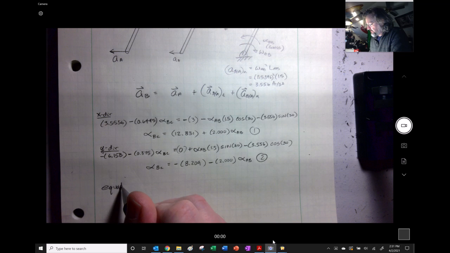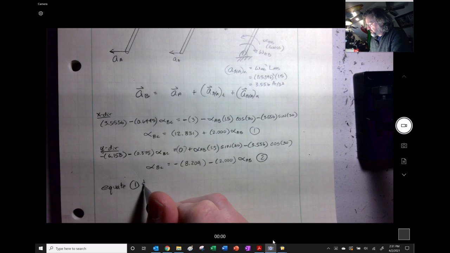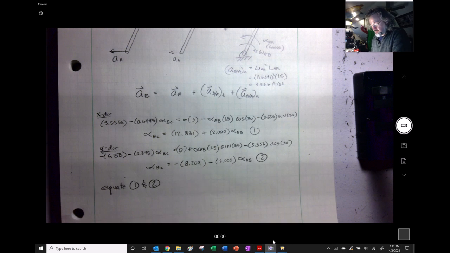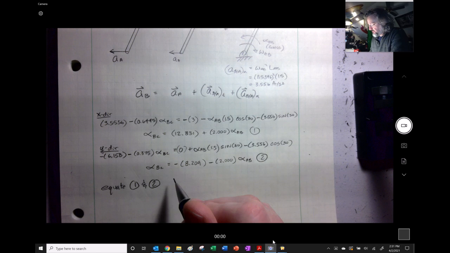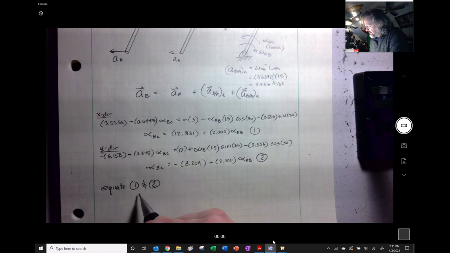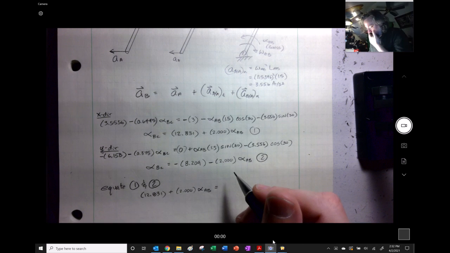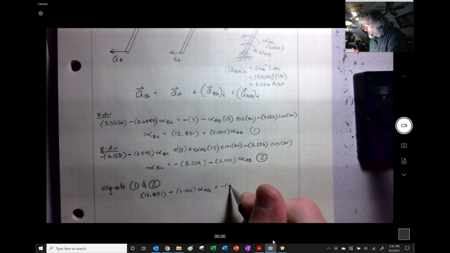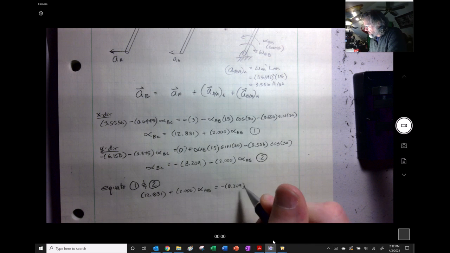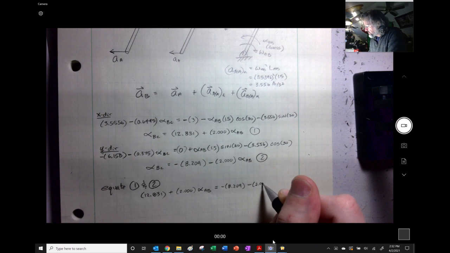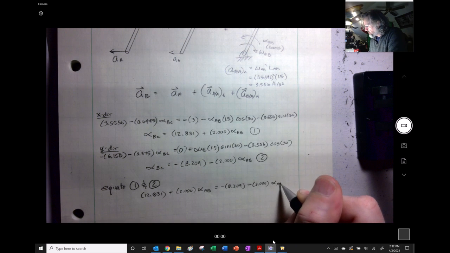We equate 1 and 2, and I am left with, I guess I wrote it out again. I was just in a mood. 12.831 plus 2 alpha AB is equal to negative 8.209 minus 2.000 alpha AB.